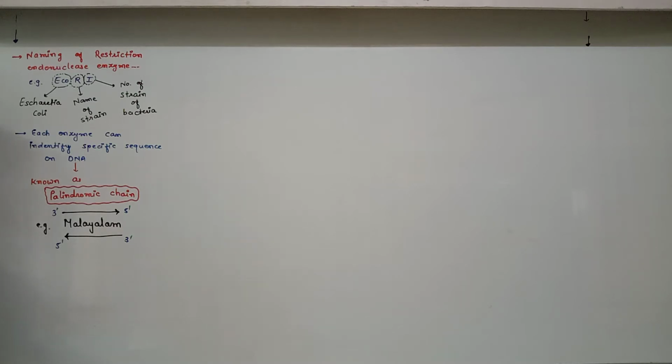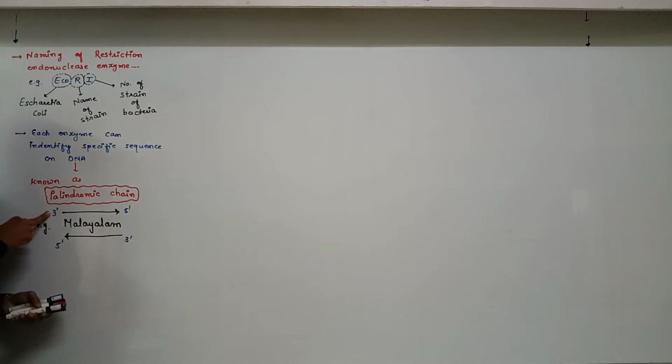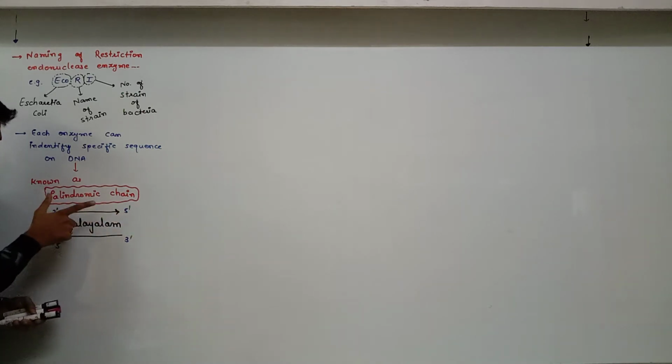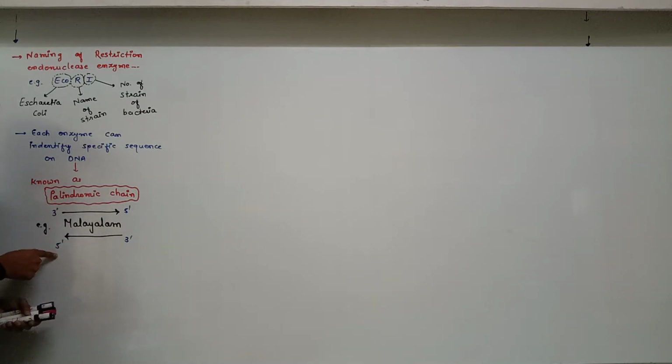And another person tells us that the code from 3' to 5' end is Malayalam, and in the opposite strand 3' to 5', the codes are the same, that is also right.